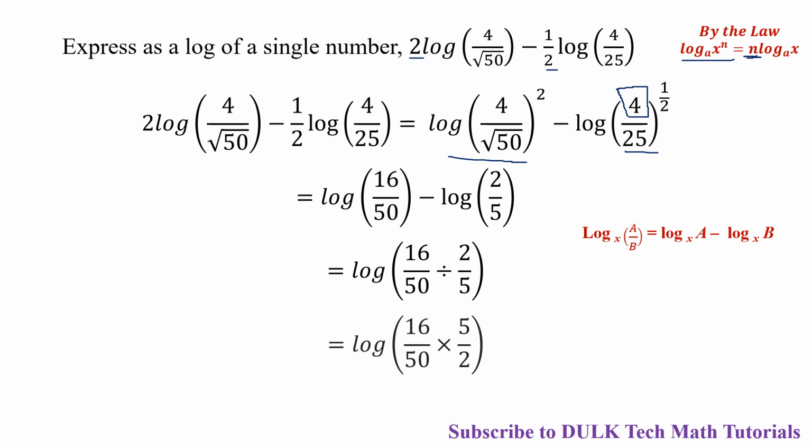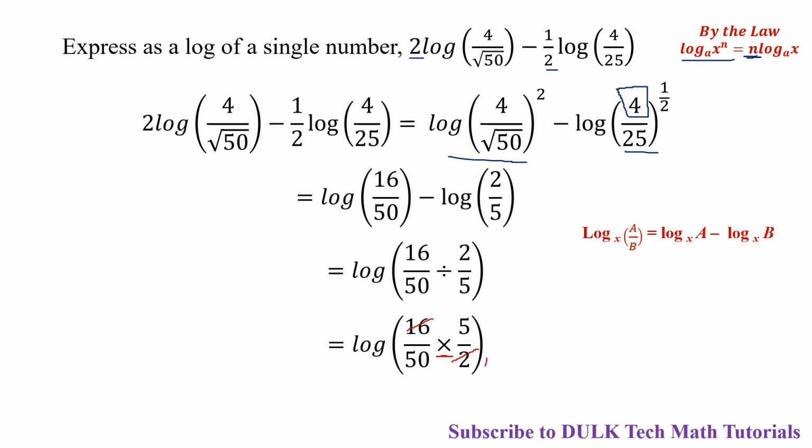And if we simplify this, because we don't divide fractions, we have to invert 2 over 5. Then, when we invert that one, we'll be multiplying here. So, this 2 into 2 is 1.